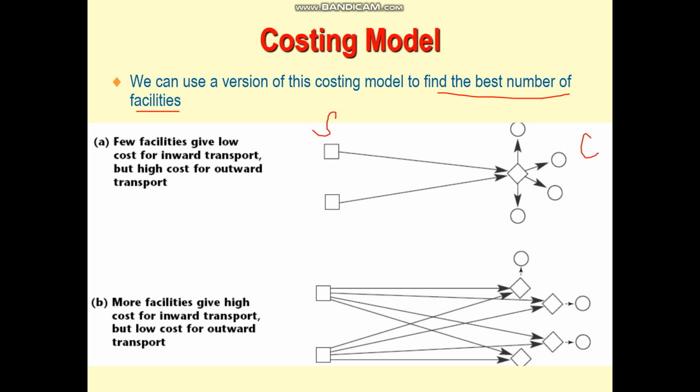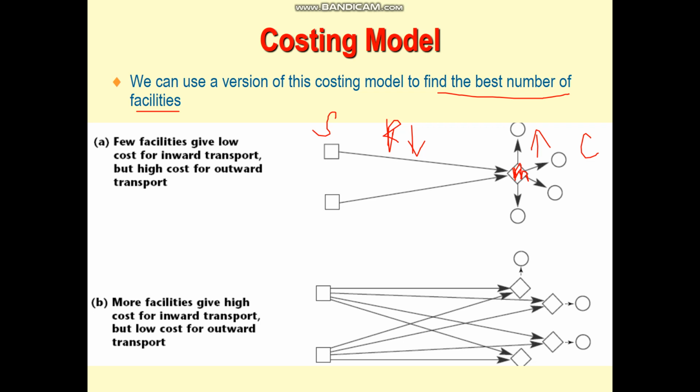If we only have a few facilities, we can reduce the inward cost but increase the outward cost.